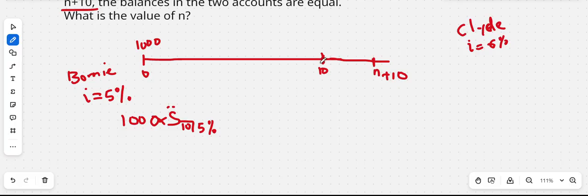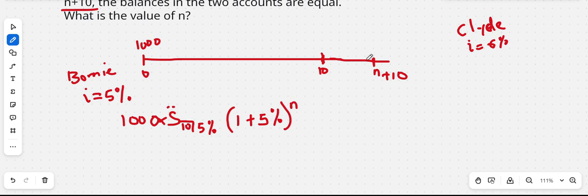But then this money grows for another n years to make up the n plus 10. So we are going to look at the growth factor, which is 1 plus 5% raised to power n.